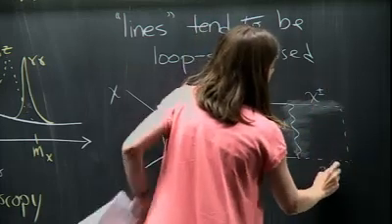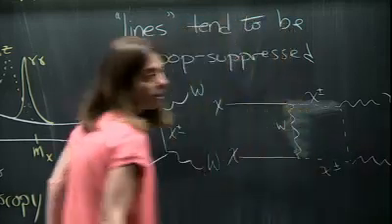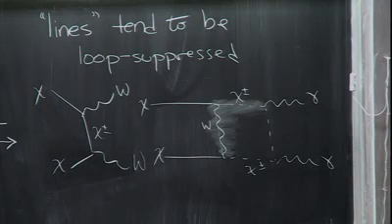You get a box of them, and then you get the photons coming out. So the rate for these line signals tends to be suppressed, usually by loop factors, relative to what you get from the continuum signal. Yeah? No, it's actually more dominated just by the resolution of the instrument.